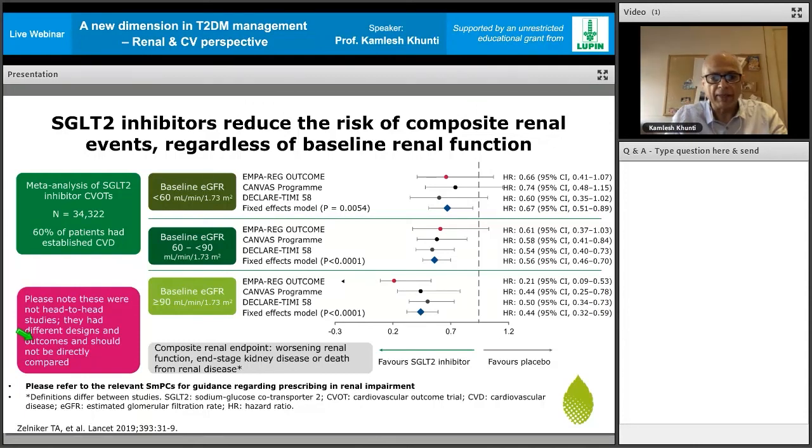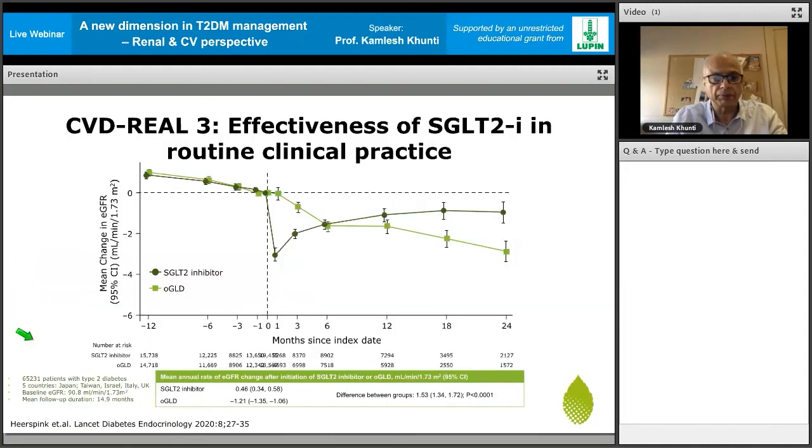If we have a baseline eGFR of 60 to 90, we see a greater reduction, greater benefits, a 44% reduction in composite renal endpoint. In people who have a baseline eGFR of greater than 90, we see about a 56% reduction. So this is consistent, but in people with a higher baseline eGFR, sometimes you see a better improvement in renal outcomes.